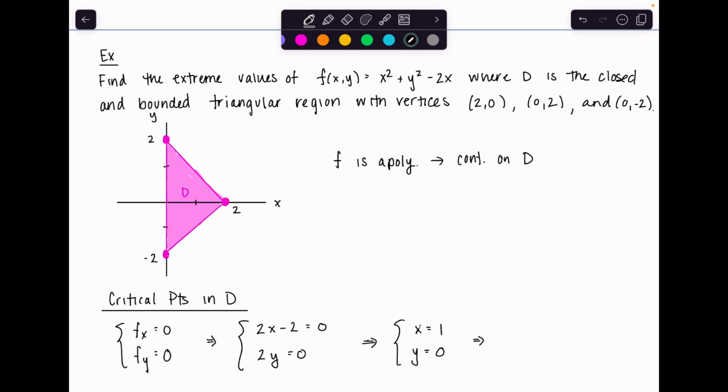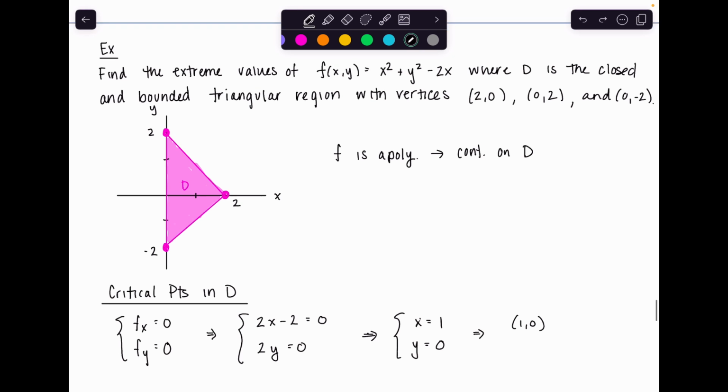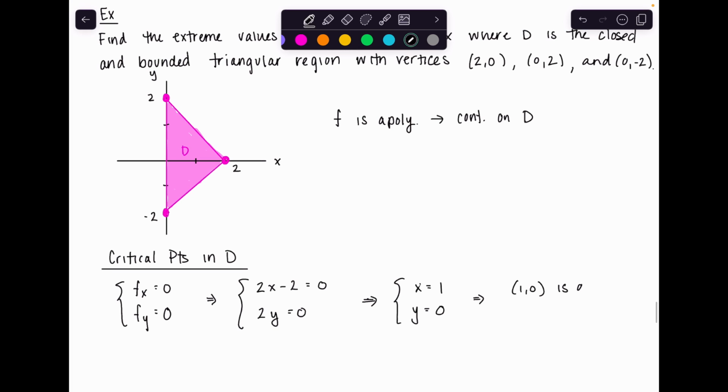So I get a single critical point, (1, 0), and that is definitely inside my region D. So (1, 0) is a critical point inside D. So this gives me a possible extreme value.